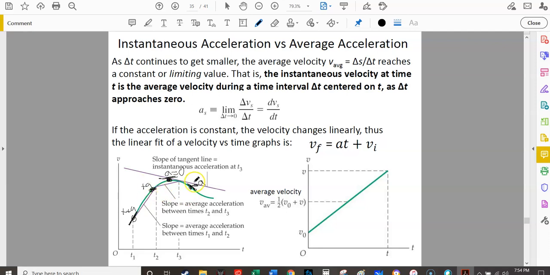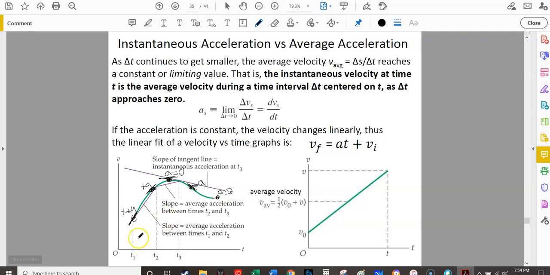So these two acceleration magnitudes would be the same, but with different signs. One is a positive acceleration vector, pointed to the right. This acceleration vector is pointed to the left. And then that starts to change over time and become 0 again.